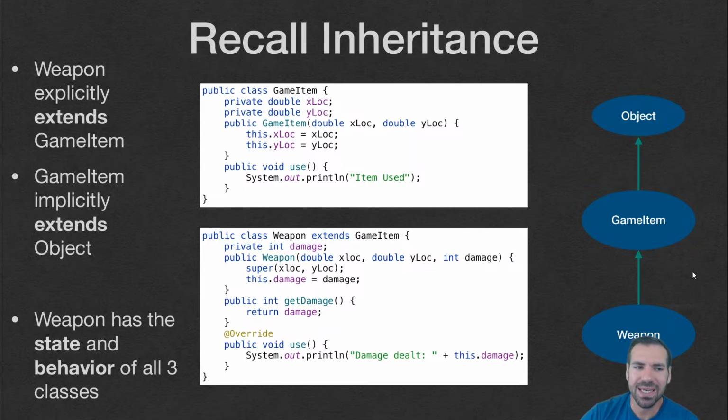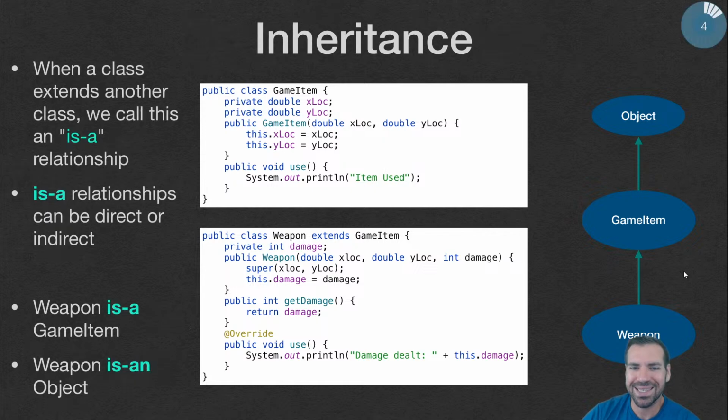And when we have this extends or inherits from relationship, we call this an is-a relationship. Because a weapon is a weapon, that one's obvious. But a weapon also, in a very real sense, is a game item. If it extends all of the state and behavior of a game item, it has everything that a game item has. A weapon is a game item, and a weapon is an object.